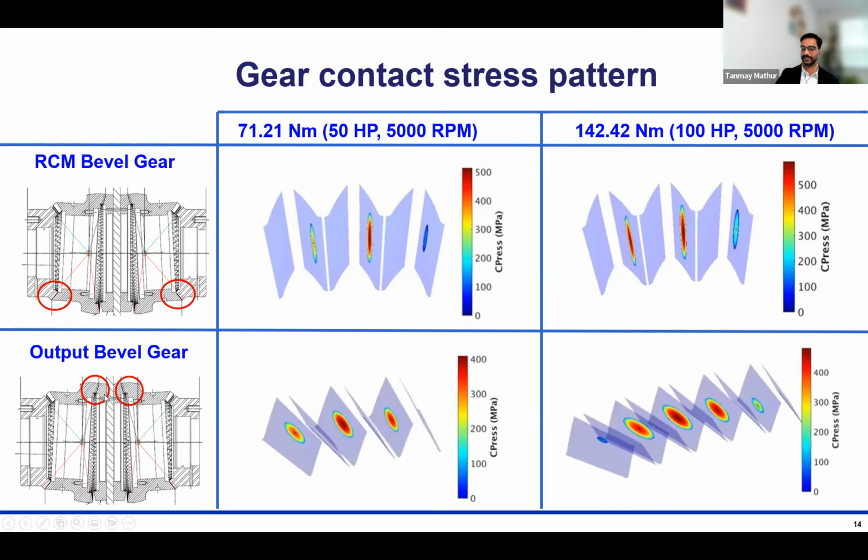But when you look at this gear mesh, not just the stress on the teeth, but also the number of teeth in contact increases. So what we are trying to do is validate some of these analysis results from the actual experiments ongoing.